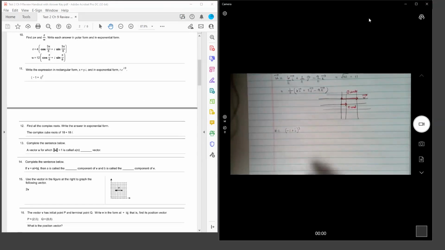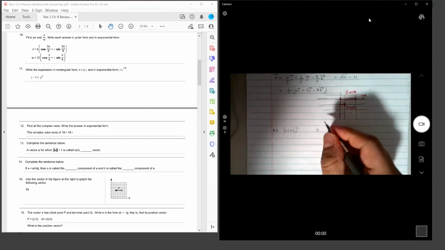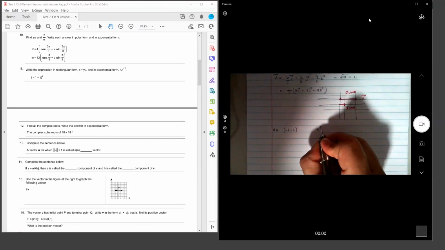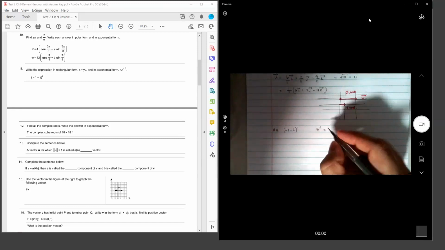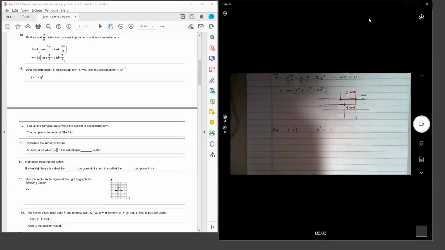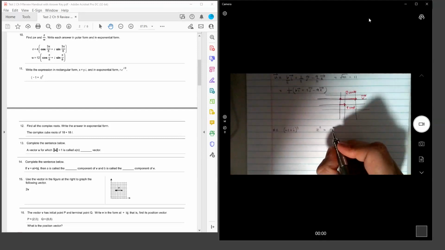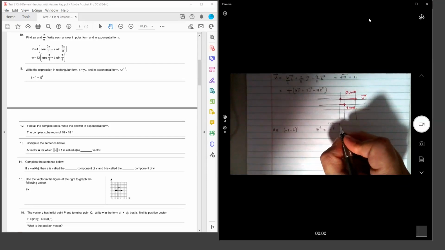So in question number 11, we're trying to take a complex number z, and we're trying to raise it to the n power. So there is a little formula. In this case, the complex number z has a magnitude. So what we'll do is we'll take the magnitude and raise it to the n power. Let's pretend that is in exponential form.